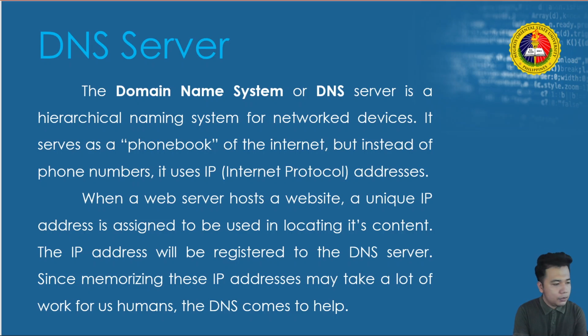When a web server hosts a website, a unique IP address is assigned to be used in locating its content. The IP address will be registered to the DNS server. Since memorizing these IP addresses may take a lot of work for us humans, the DNS comes to help.